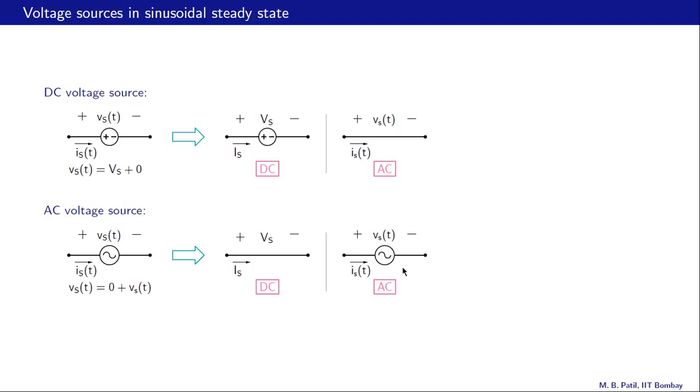So the AC circuit is simply an AC voltage source, and the DC circuit is a short circuit. Once again, the DC current is shown in the DC circuit, capital I sub capital S, and the AC or sinusoidal current is shown in the AC circuit, small i sub small s.